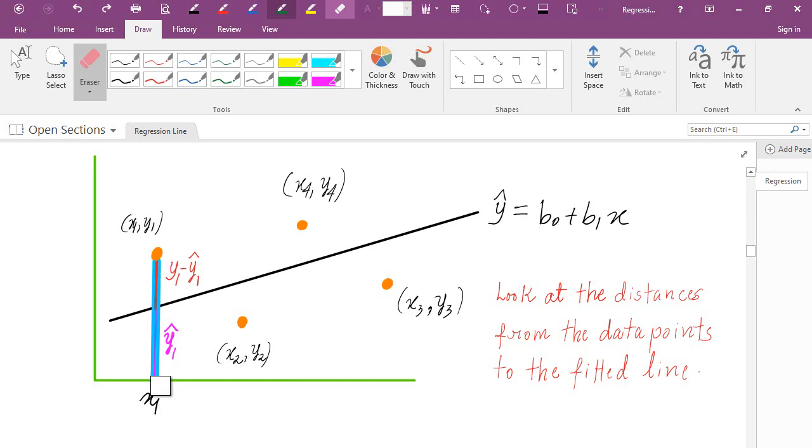Well, for x1, the height of the fitted line is y1 hat. So y1 hat is the height of the fitted line at x1, and notice that y1 is the height of the data point x1, y1 from the horizontal axis.